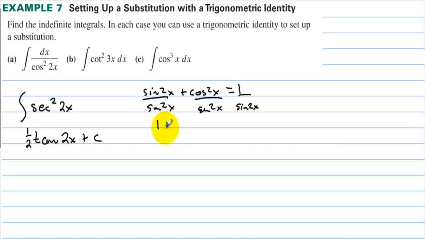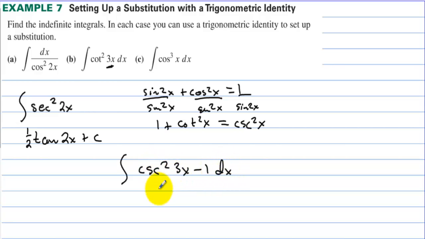We have 1 plus cotangent squared x is equal to cosecant squared x. So cotangent squared is equal to cosecant squared minus 1. So now we can change this to cosecant squared of 3x minus 1, because we have this 3x here.